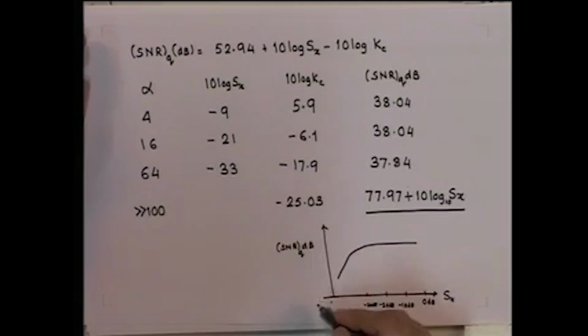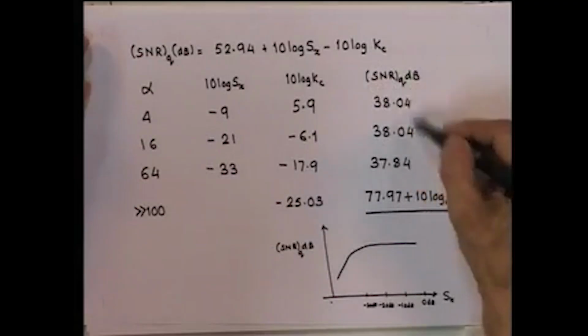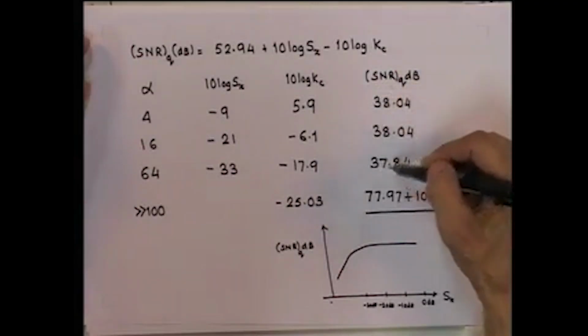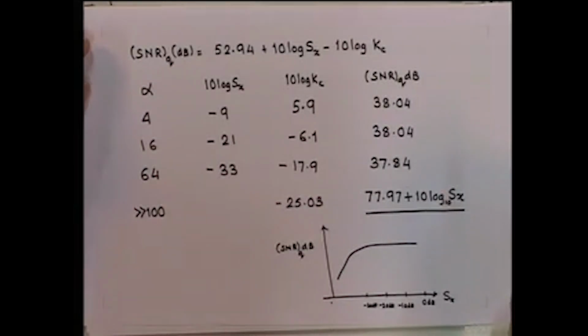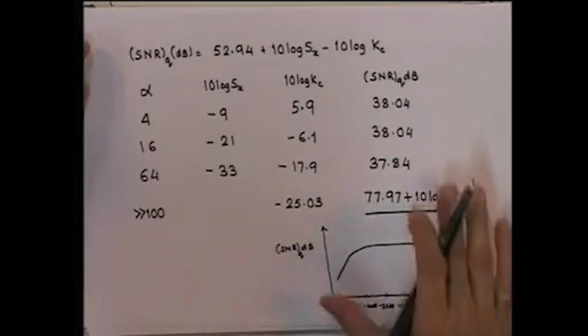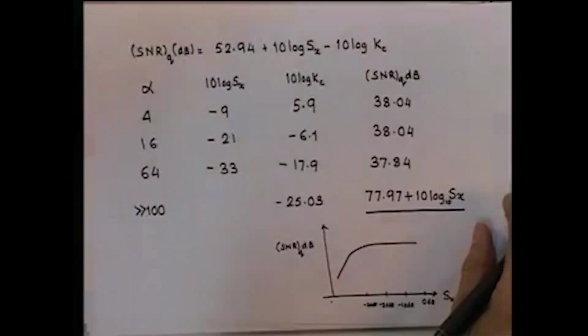So, what this shows is that with the compounding, the signal to quantization noise ratio remains more or less fixed, and this result is similar to what we had obtained earlier for mu law compounding.